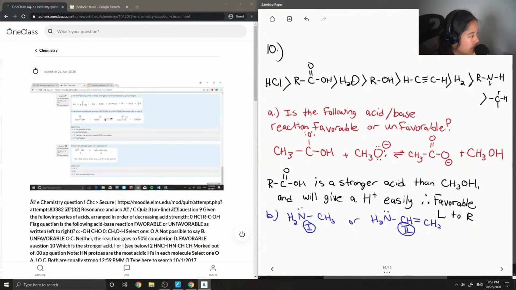So it's asking, which is the stronger acid? So let's look at our two options. Option 1 has a lone pair, which can be used for donating. So this makes it a stronger base.